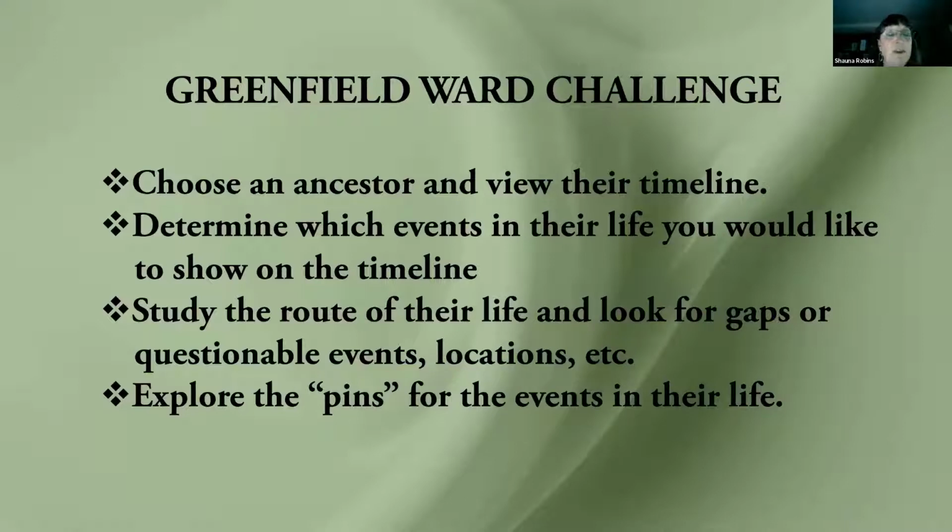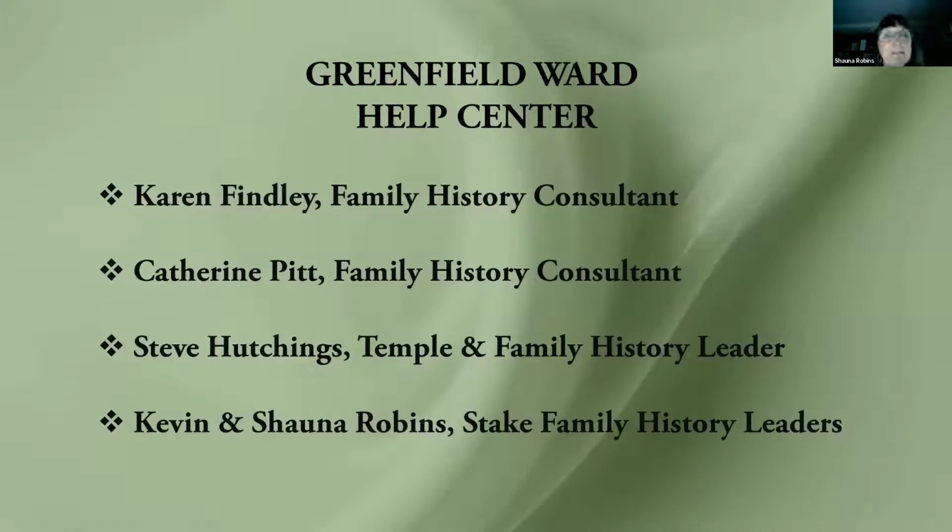So go to the show menu and choose the ones you want. And then study the route and look for gaps or questionable events or locations. And then explore the pins for the different events in their life. Cool. And as always, if you have questions or problems, here are your contact people.